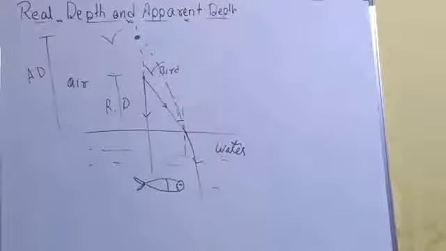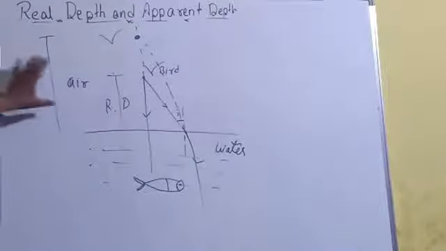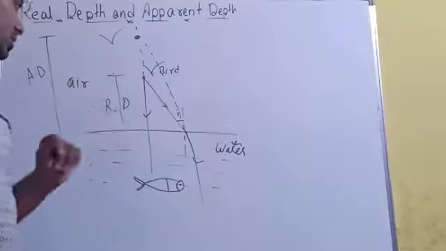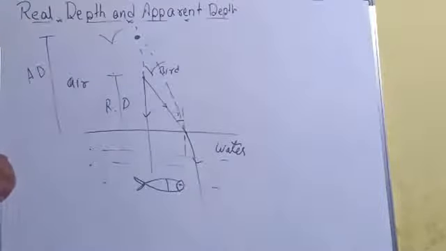When you are flying above and the fish is seeing you, in this case your height is raised from the original one. Are you getting the point? In this way, the apparent depth is more than the real depth in the next case. Okay.